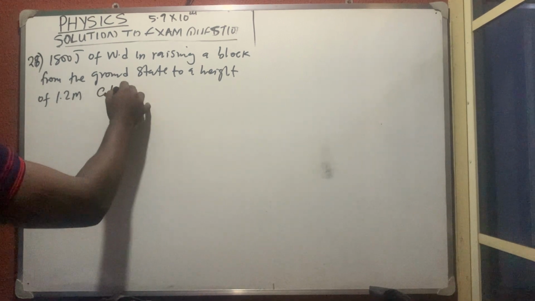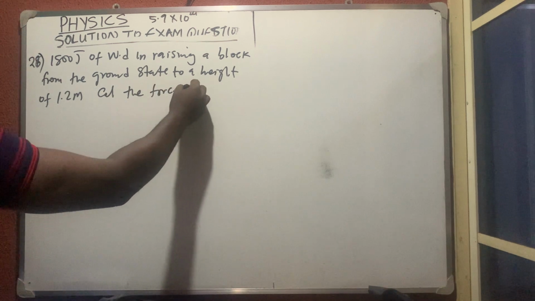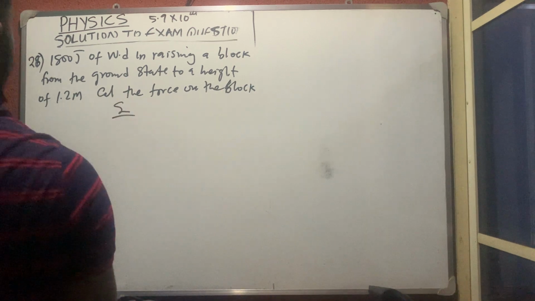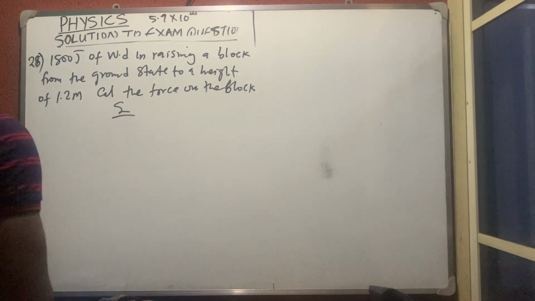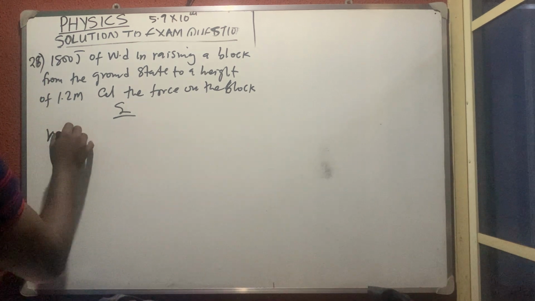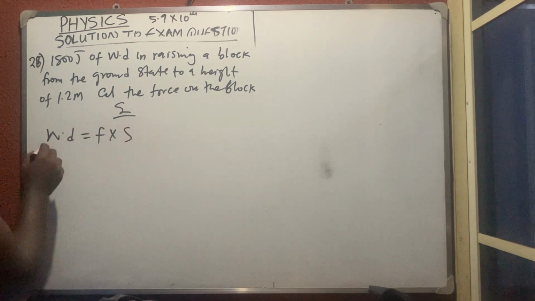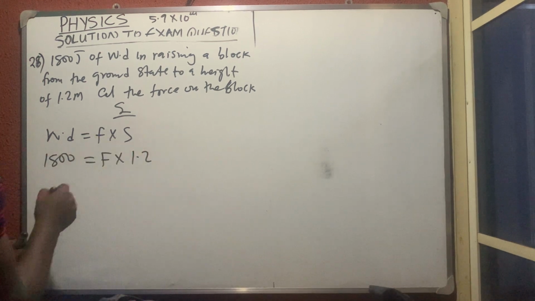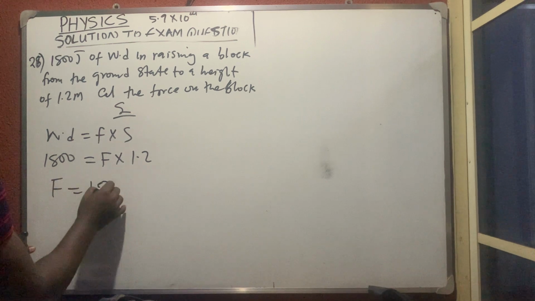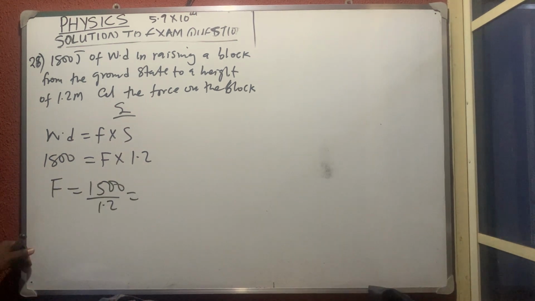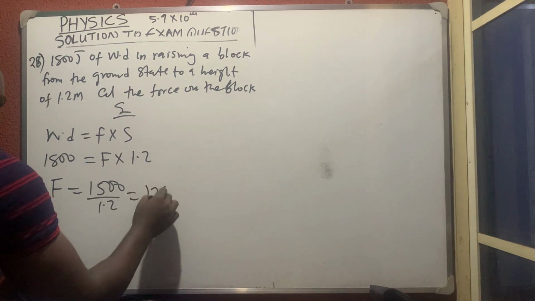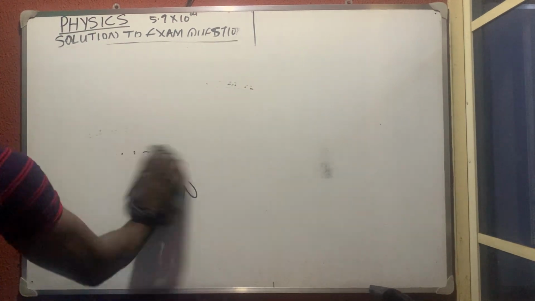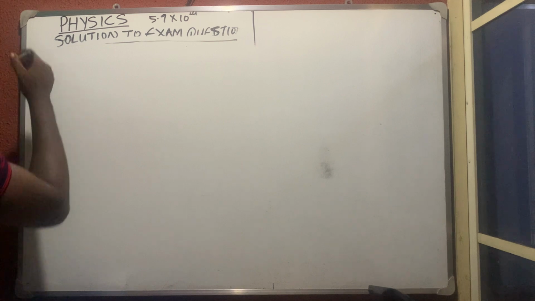Calculate the force on the block. Solution. We know that work done is force times distance. So 1,500 is equal to the force I'm looking for times the distance 1.2. So my F is simply 1,500 divided by 1.2, which gives 1250 Newton.